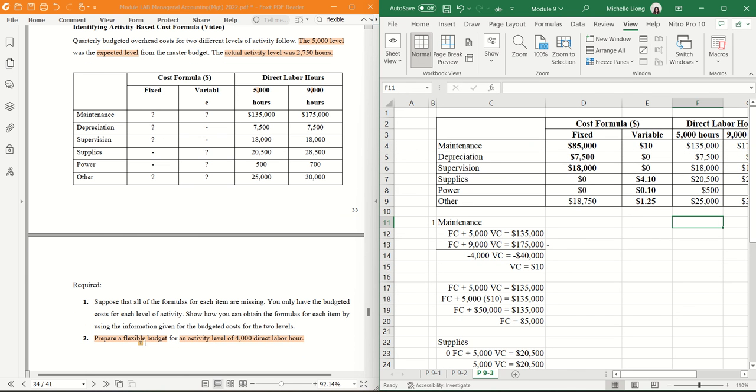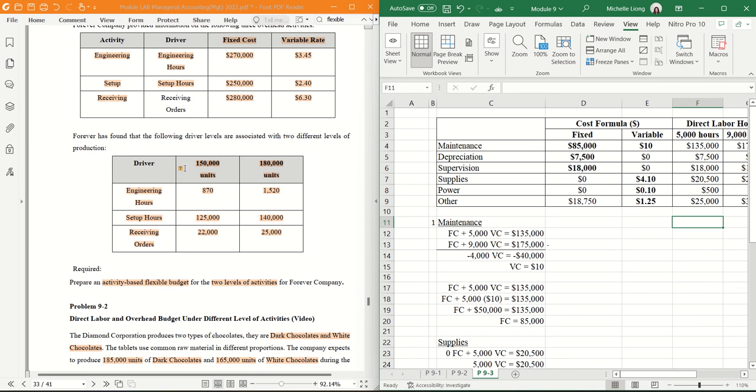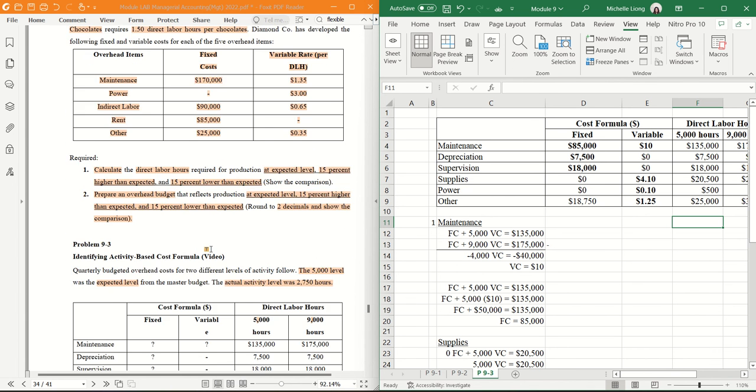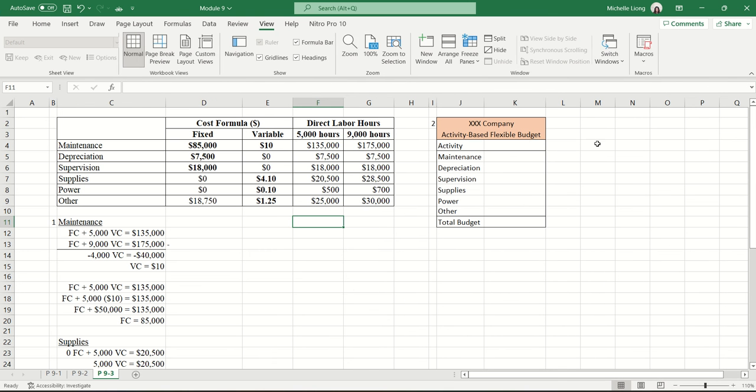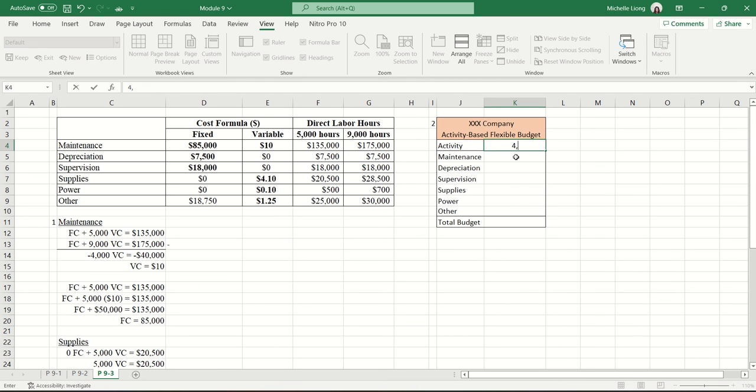For the second one is to prepare the flexible budget. So the flexible budget is the same one as the first one, but we are going to use one driver only, which is 4,000 direct labor hours. So the activity is for the 4,000 direct labor hours, or I'll just put it DLH. For the maintenance, it's still the same.